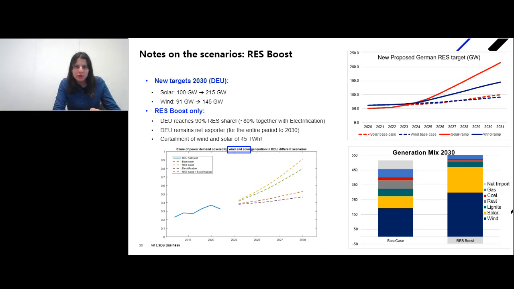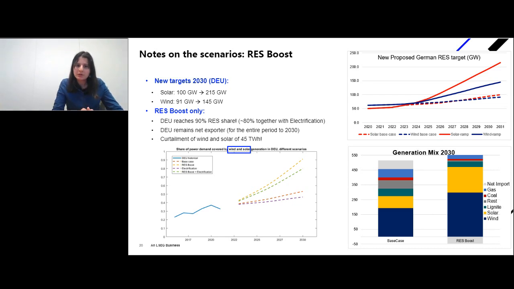We had a look at the current German proposal, which dates back to Easter this year, in which it has been proposed, not decided yet, to double the solar target from 100 gigawatt to 215 by 2030, and also a more than 50% higher wind target at 145. So we wanted to apply this so-called Easter package and see what the world in 2030 would be like.